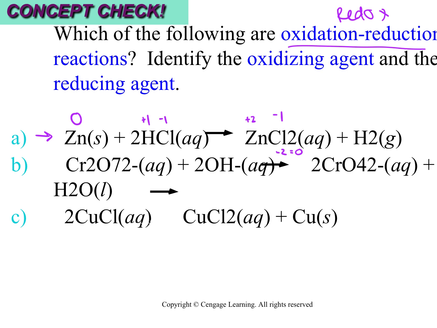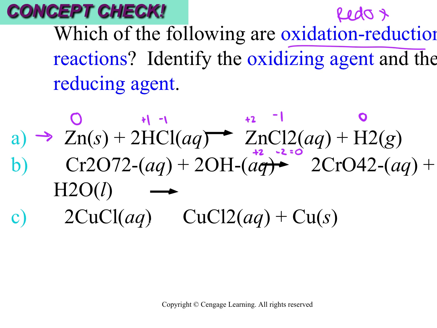I want it to equal 0, which means this needs to be +2. And the hydrogen gas would be 0, because it's by itself. It's elemental at this point. Anything that's by itself is 0, because it's not going to share electrons unevenly with itself, so there's no tug of war happening.